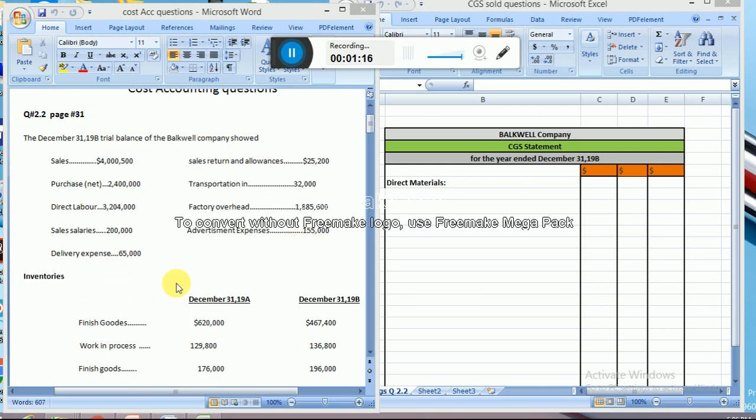Inventories of the finished goods, work in process, and of the materials.